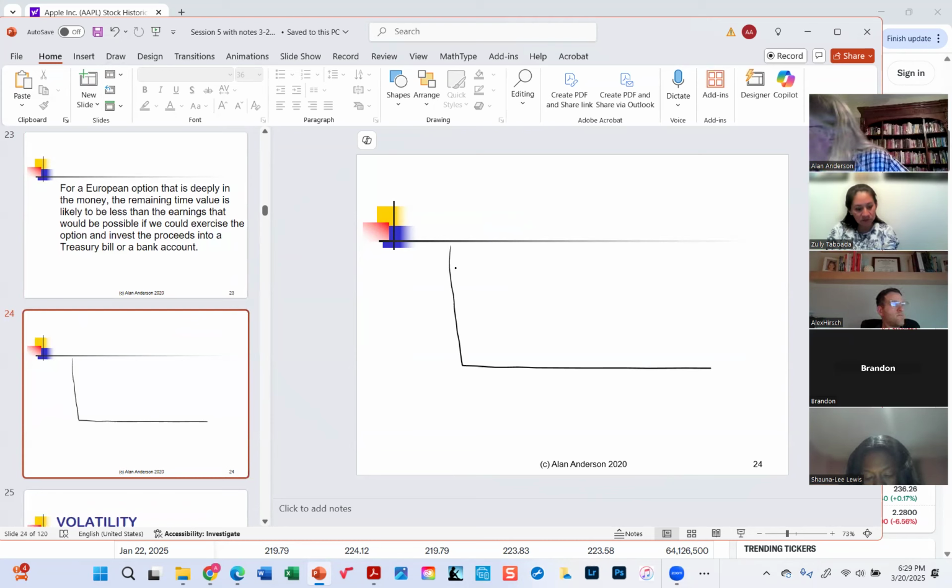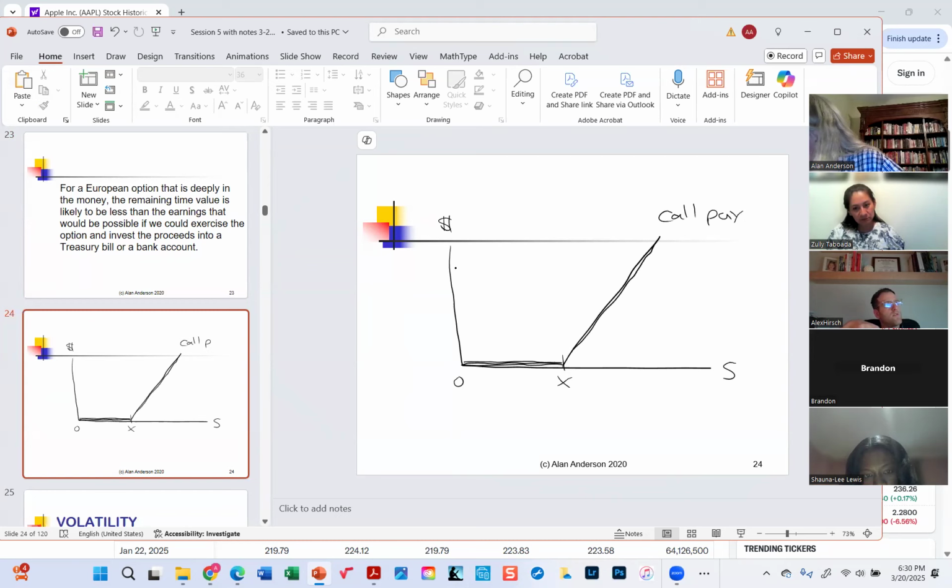But if you were to try to match up or draw the payoff against the stock price, it turns out that on the maturity date, the call price matches the call payoff.